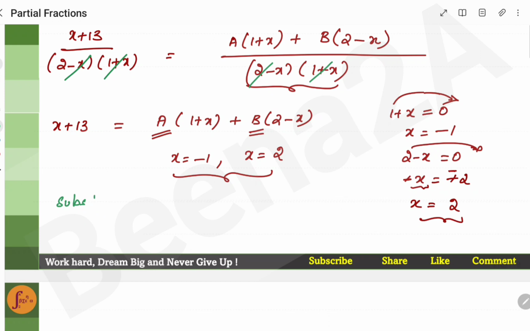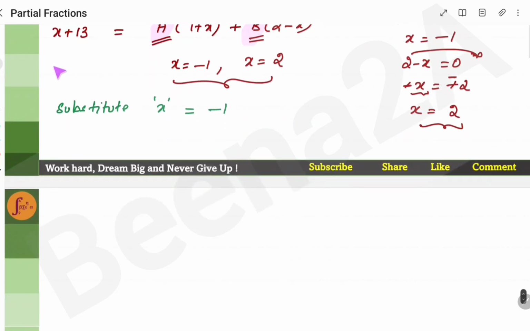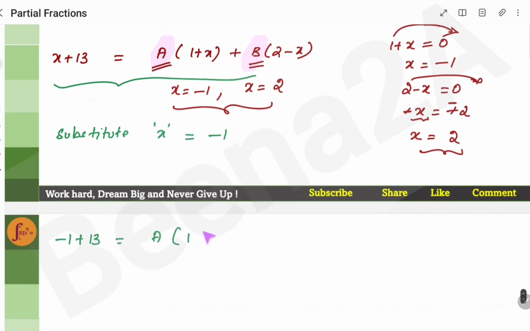Now I'll substitute the x values and get the values of A and B. So let's take x is equal to minus 1 first. I'll substitute in this entire expression. Minus 1 plus 13 is equal to A into 1 plus x, what is x?